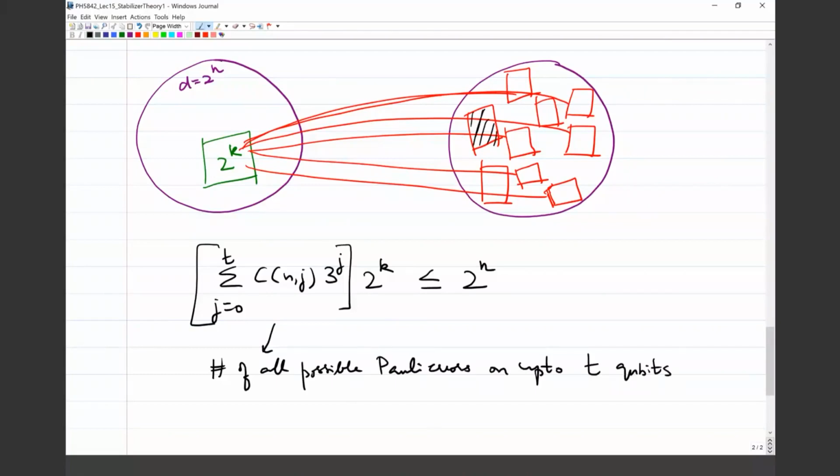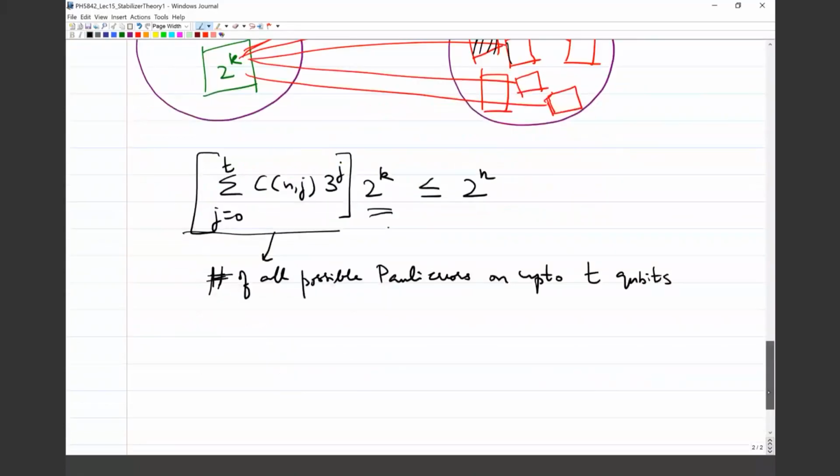And each such subspace is of dimension 2 to the k because your code space is of dimension 2 to the k. And you need to pack these many subspaces of dimension 2 to the k within 2 to the n if you want to be able to detect all of them unambiguously. There should be no scope for overlap between any two of these subspaces. And so all of this should be within the 2 to the n dimensional space. So this is the Hamming bound.